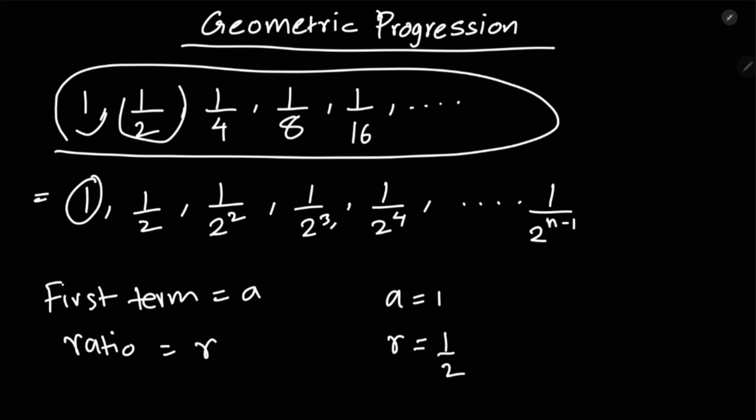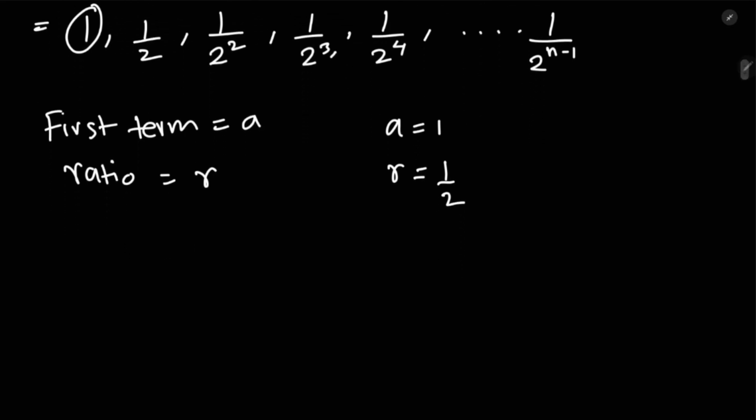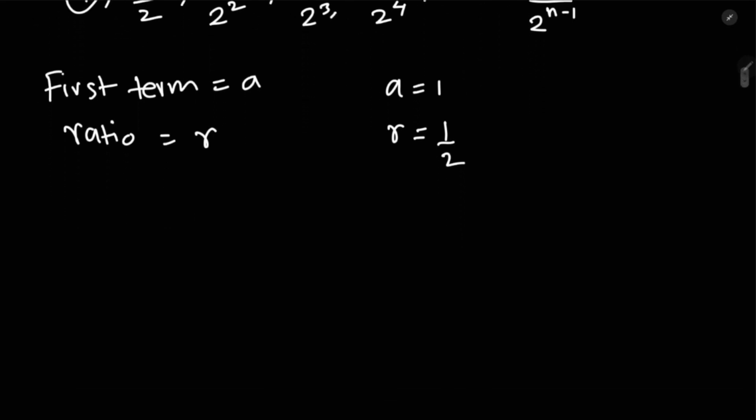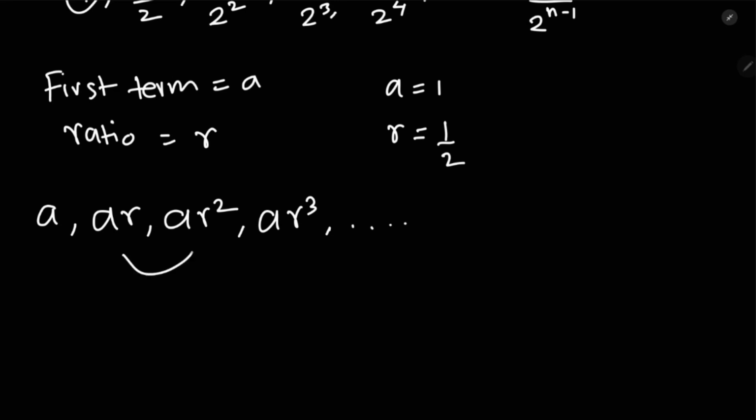So we multiply 1 by 2 to get the next term. So I'll write this in general. We have A, AR, AR square, AR cube, and so on and so forth. We multiply by R each time to get the next term.